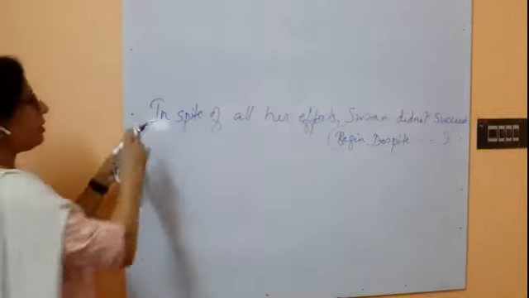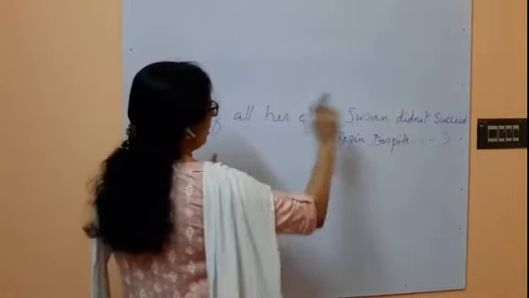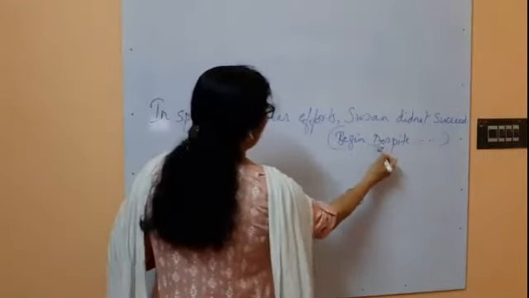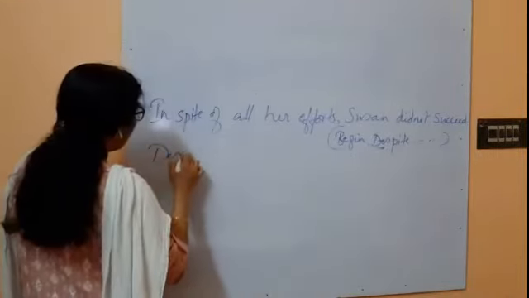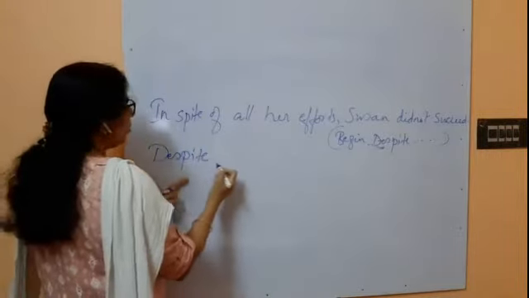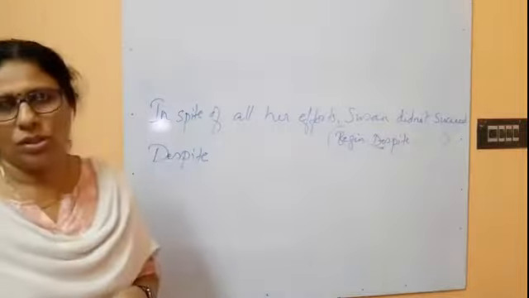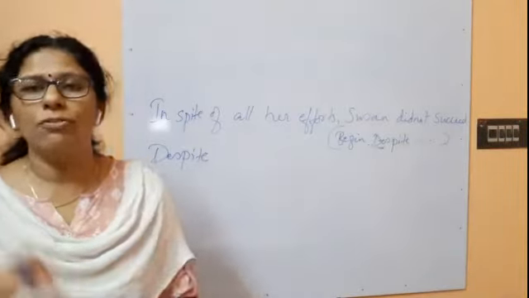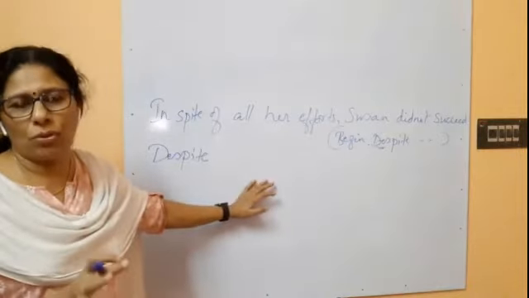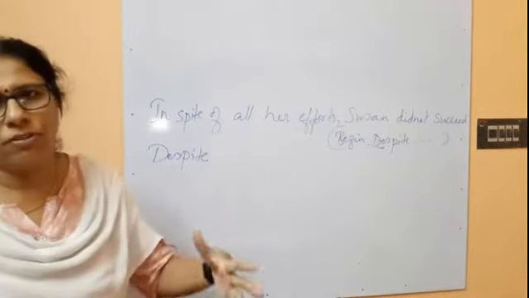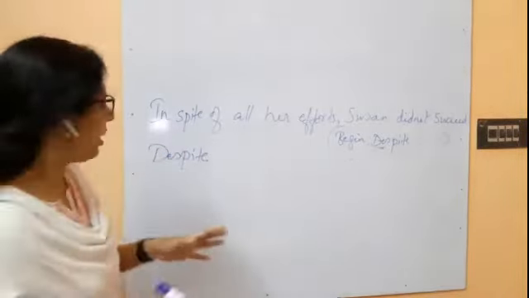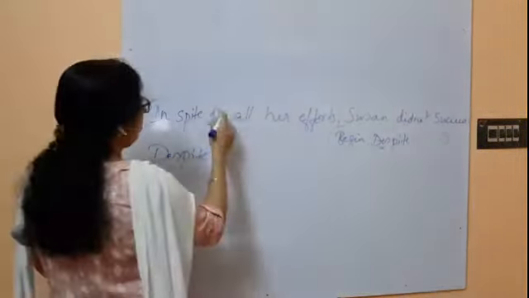So, in spite of all her efforts, Susan did not succeed. When you rewrite the sentence by beginning with despite, many of you have a tendency, the same as in spite of, to use despite of. That is a wrong usage. Despite won't ever be followed by the preposition of. Despite will be followed by the noun form only. Sometimes a participle form like being, or the passive form, can be used, but it will never be followed by of.